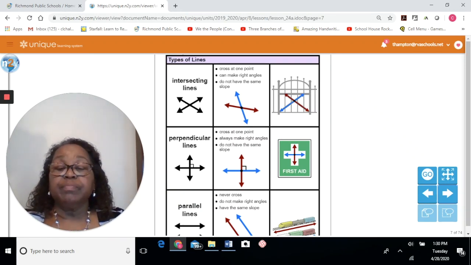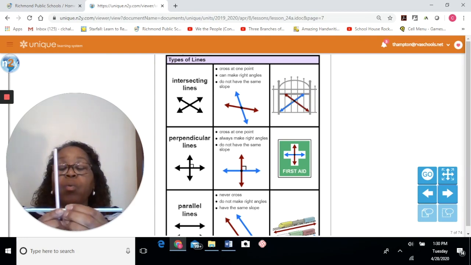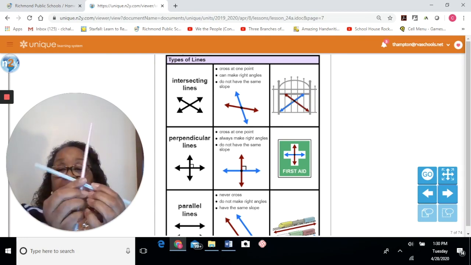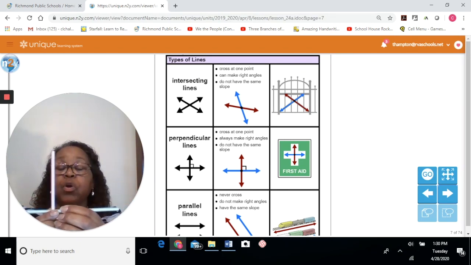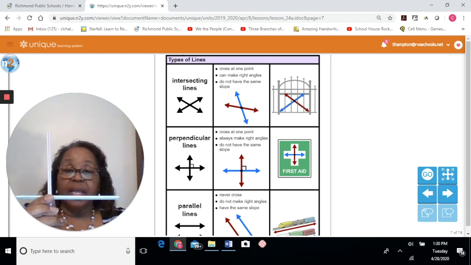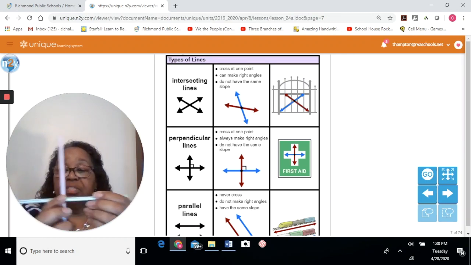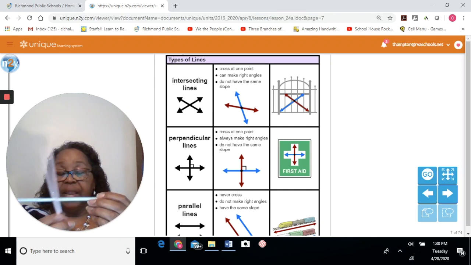Perpendicular lines, they cross at one point. They always make a right angle. They can't be like that or like that. They have to be perfect right angles. All right? They always make a right angle and they do not have the same slope. One is going this way, one is going that way. Do not have the same slope.